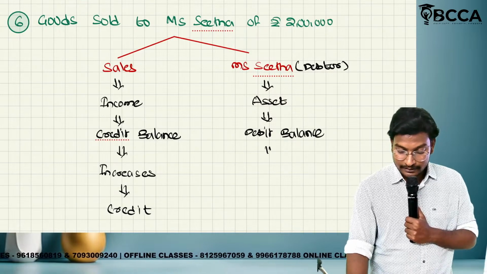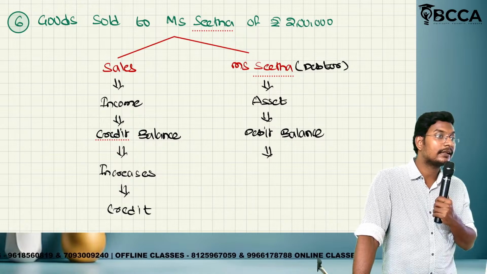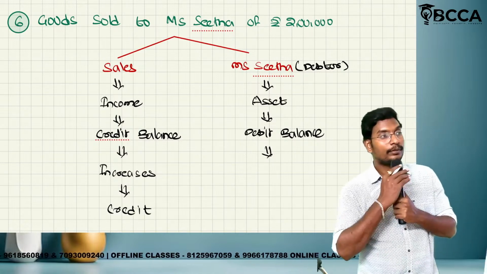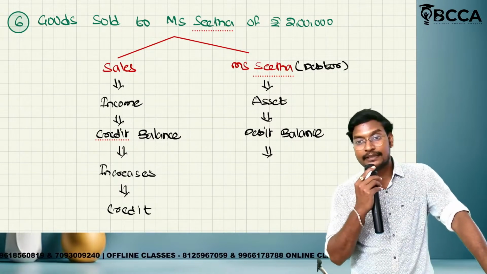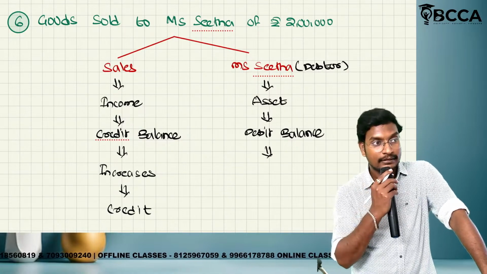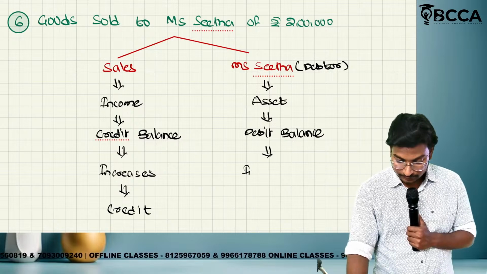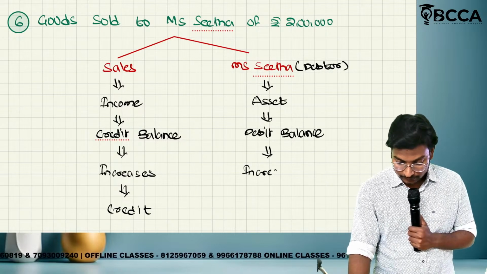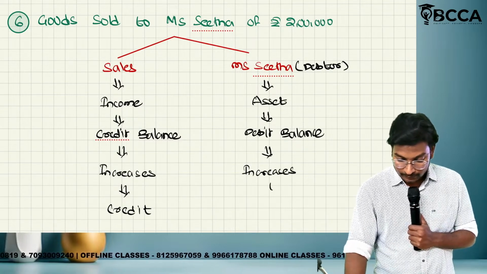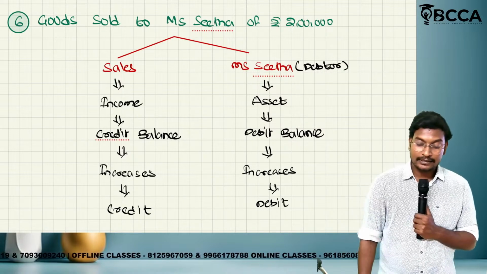Asset means debit balance. Sir, here the debtor value increases or decreases? Increases. Okay, now the initial topic only. While discussing that an asset increases, I have discussed it, yes or no. At the time of credit sales, the debtor value increases. So what do we have to do? Debit. So what is the journal entry we will get?